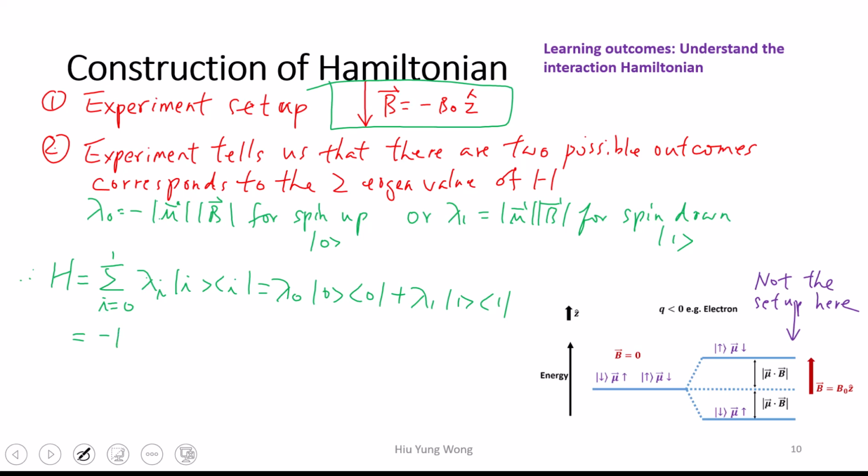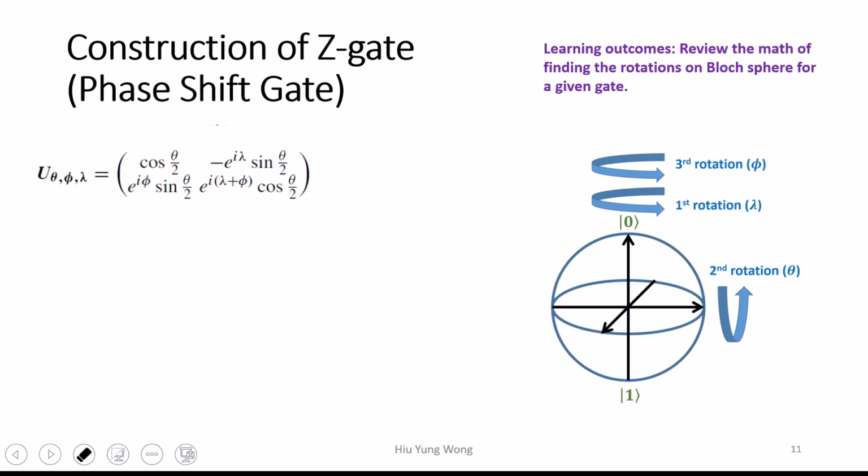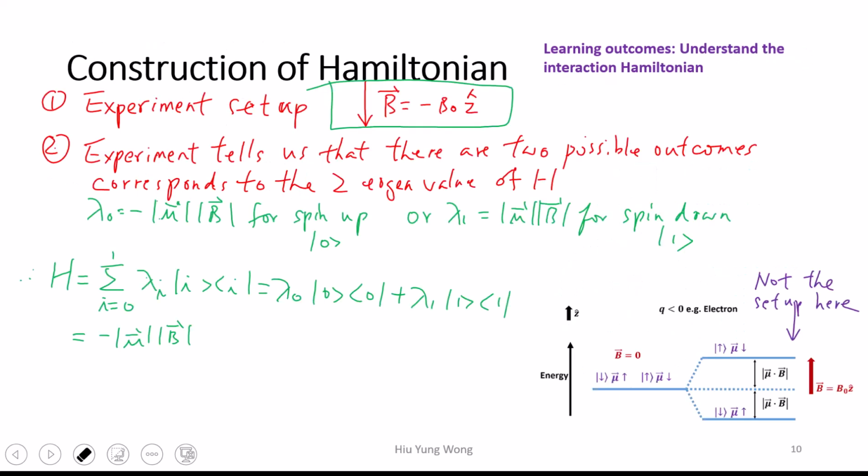Negative mu B, times |0><0|, plus mu B times |1><1|. Correct?